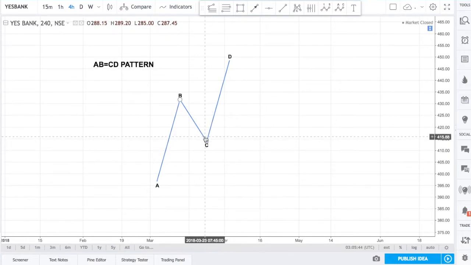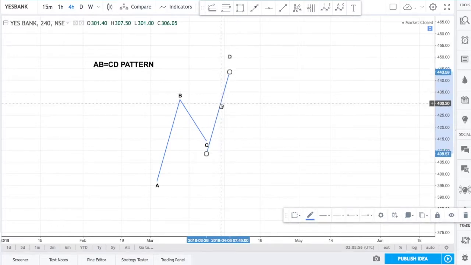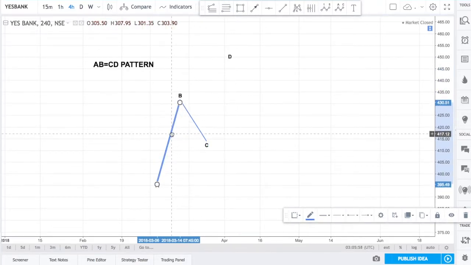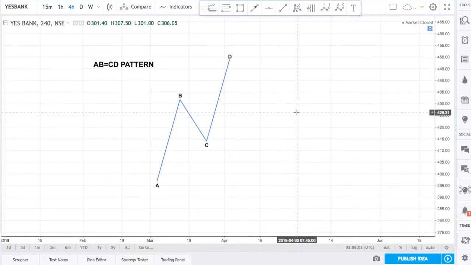From C, our next leg, the CD leg, starts completing approximately equal to that of the AB leg. This CD leg would be approximately equal to the AB leg. Okay, that's how an ABCD pattern looks like.